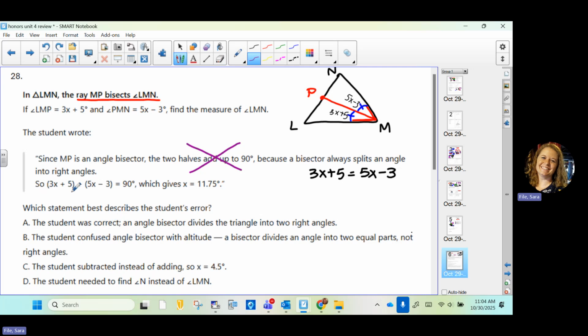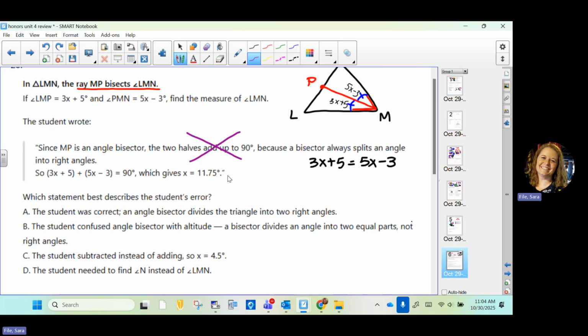Okay, so he set it up saying that the two smaller angles should add to 90 and solve to get this, but we know that's wrong because that's not what an angle bisector does. So the answer choices say the student was correct. Absolutely not. The student confused angle bisector with altitude. Does an altitude split an angle into two right angles?